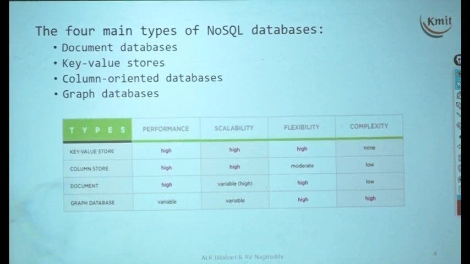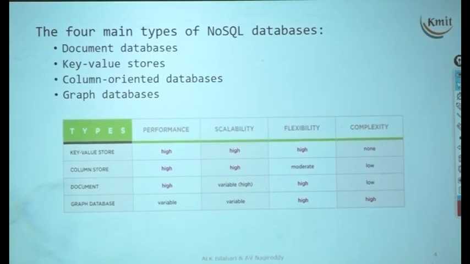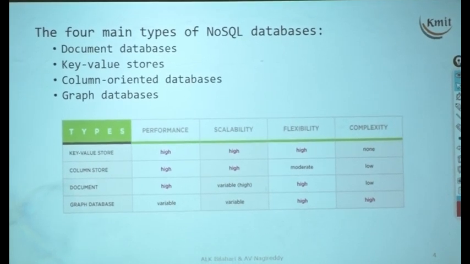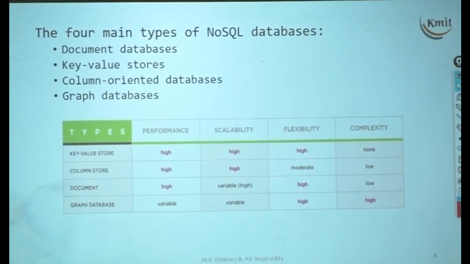Second one, key-value. Amazon DynamoDB. I thought you worked on it. All right. Example for key-value is Amazon DynamoDB.